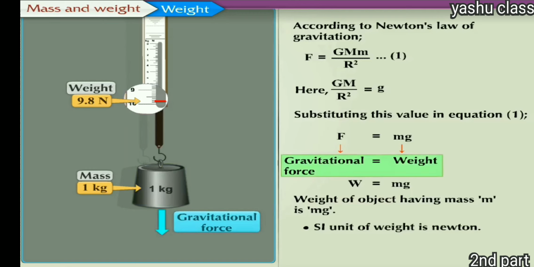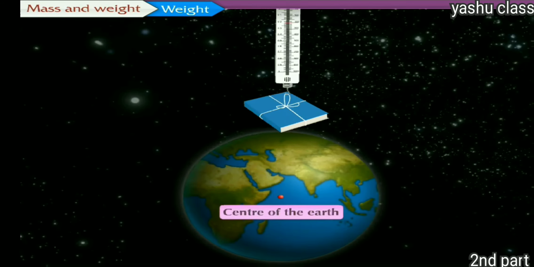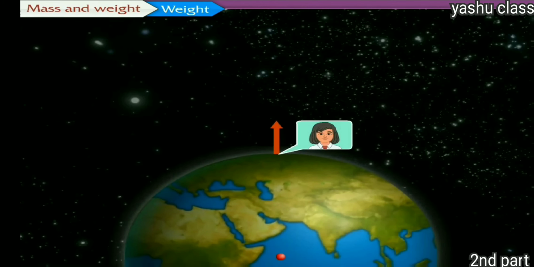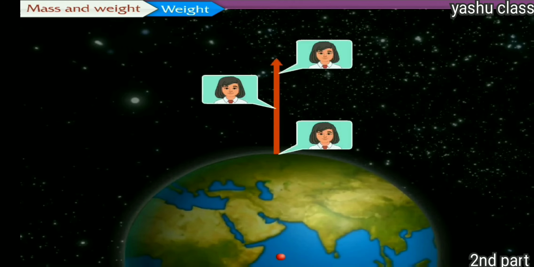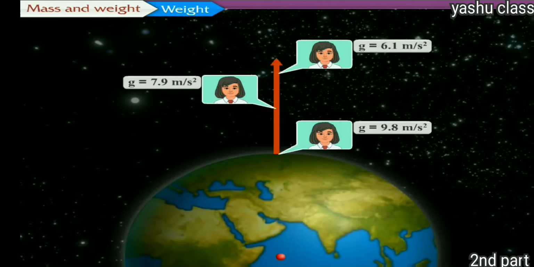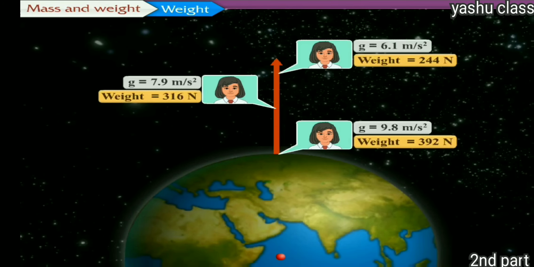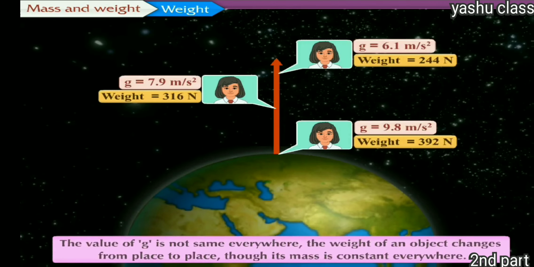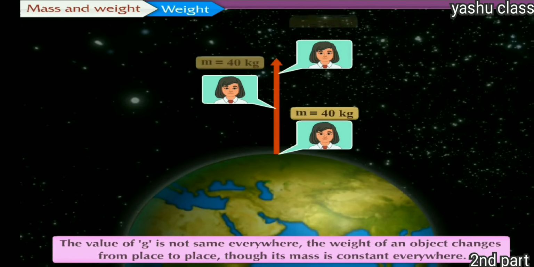Also, the weight being a force is a vector quantity and its direction is towards the center of the earth. As we move above the surface of the earth, the value of acceleration due to gravity g decreases, and so the weight of an object also decreases. As the value of g is not same everywhere, the weight of an object changes from place to place, though its mass is constant everywhere.